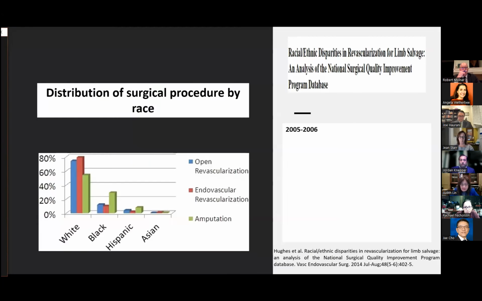In a study of the American College of Surgeons NSQIP database, all patients who had above knee amputation or below knee amputation, as well as all of those who had open or endovascular revascularization procedures for critical limb ischemia from 2005 to 2006, were evaluated. Over 4,000 patients had open surgical procedures, and here's the ethnicity breakdown for those patients.